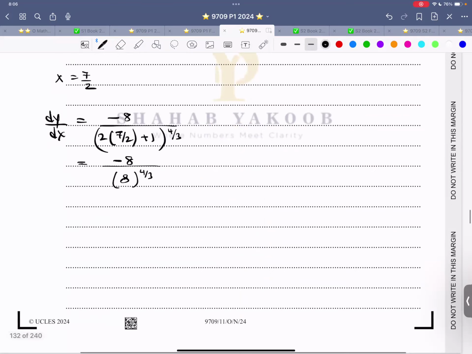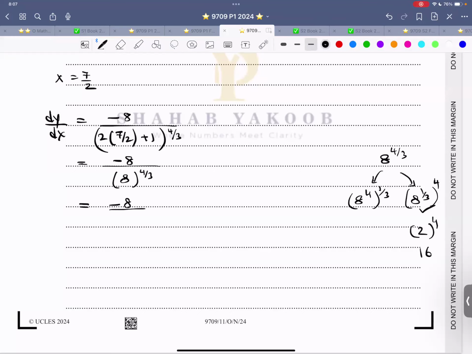Now let me use indices in the denominator. 8 raised to the power of 4/3 can be written as 8 raised to the power of 1/3, raised to the power of 4. This is easier. This is 2 raised to the power of 4, which is 16. So this is negative 8 over 16. That comes out to be negative half.